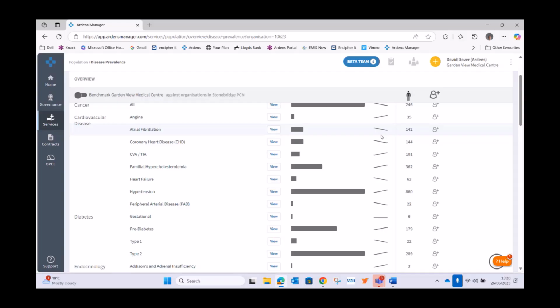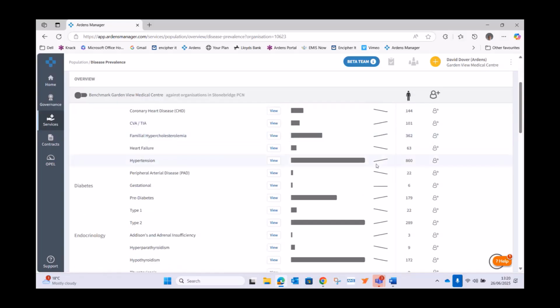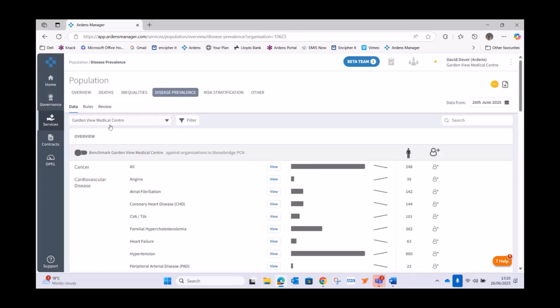I can see exactly where we are. If we've had those huge increases, how does that translate to our practice? How are we going to cope with that increase in demand, and how are we going to provide that capacity as well? So first one was just that services population for your overview of your age ranges, along with your disease prevalence as well. Okay.